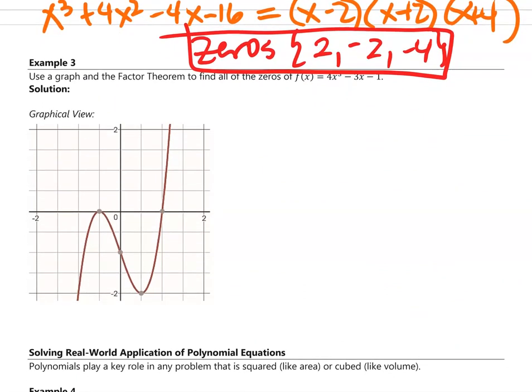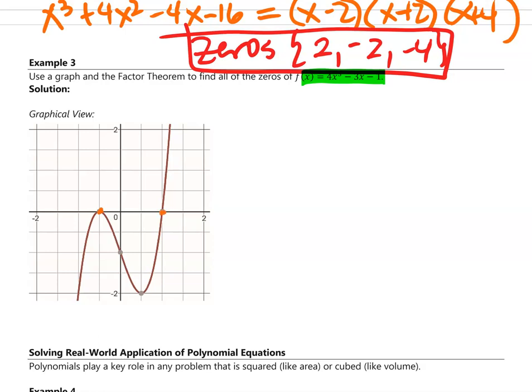Next one, example 3. Use a graph and the factor theorem to find all the zeros of f of x equal to 4x cubed minus 3x minus 1. Based on the graph, we have two zeros here.